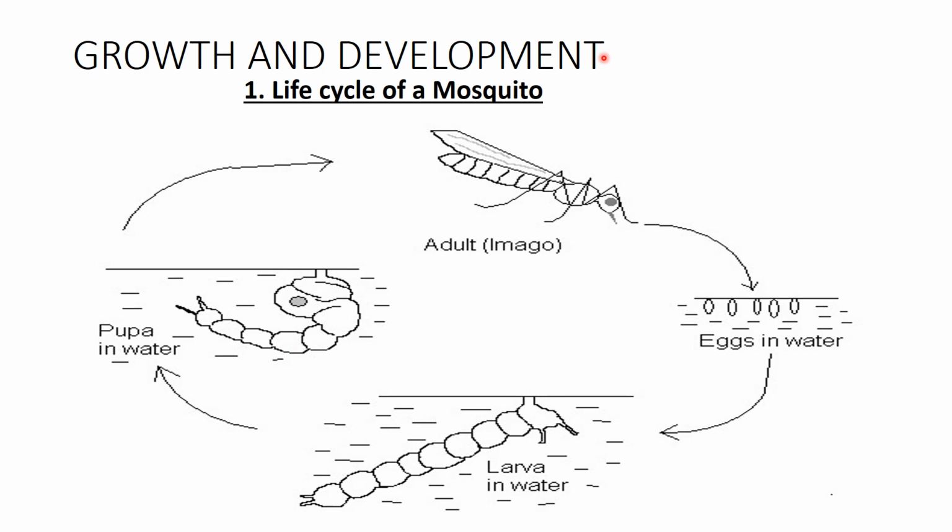Okay, so now mosquitoes usually feed on plant juice. They don't feed on human blood. Then there is a female mosquito called the Anopheles mosquito. This one also feeds on plant juice.